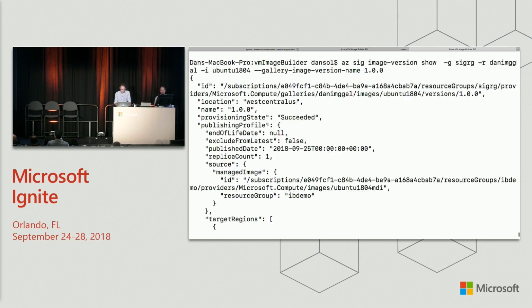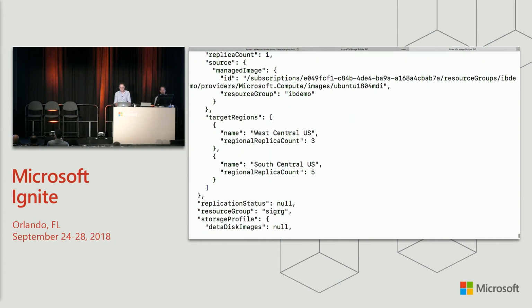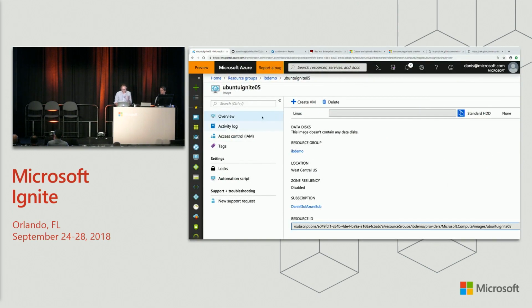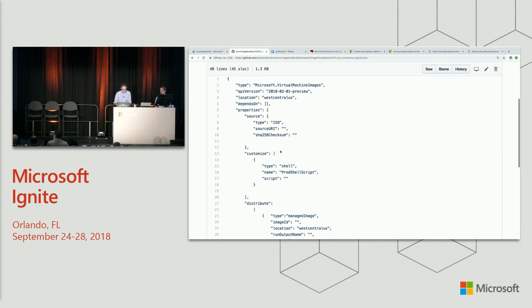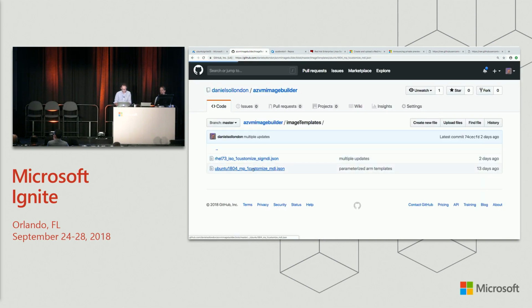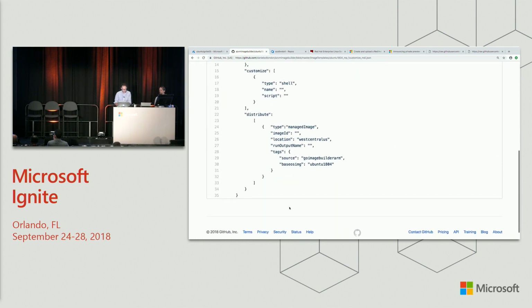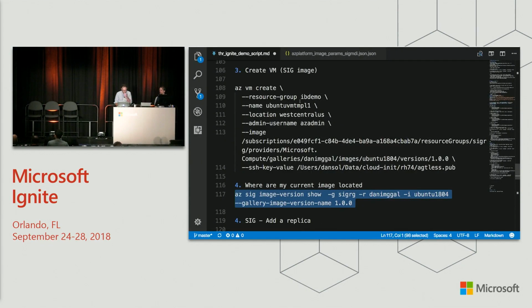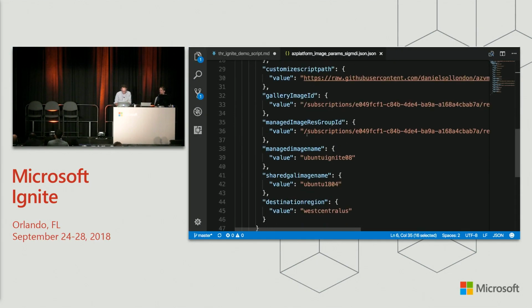You can see I've got two target regions: West Central US and South Central. Now, if I go back to the template, let's have a quick look at that one. Sorry, one minute, where's it gone?